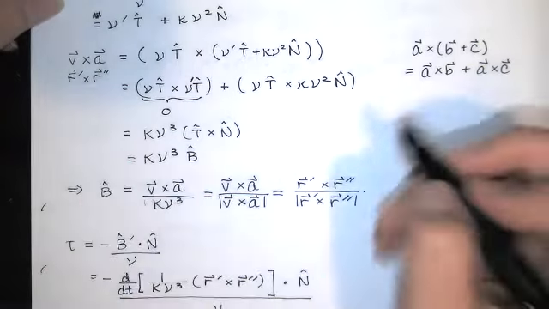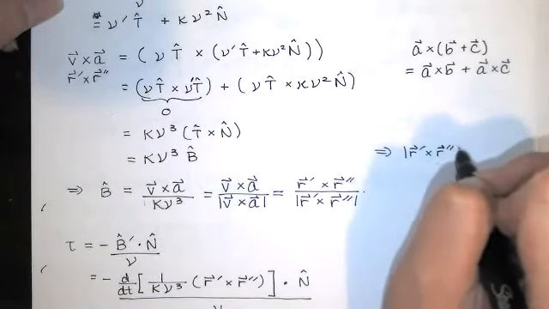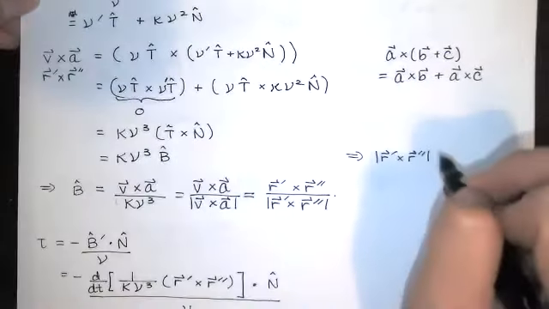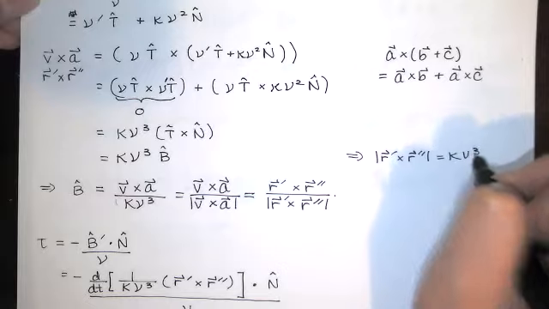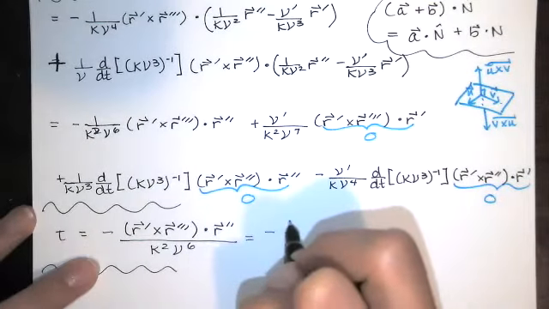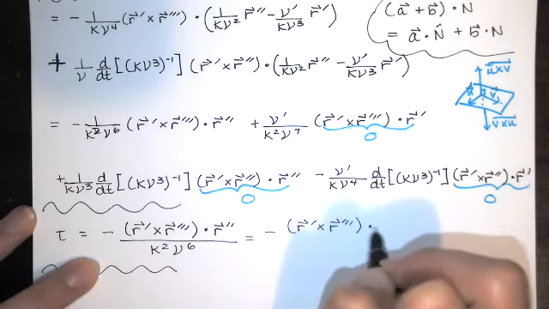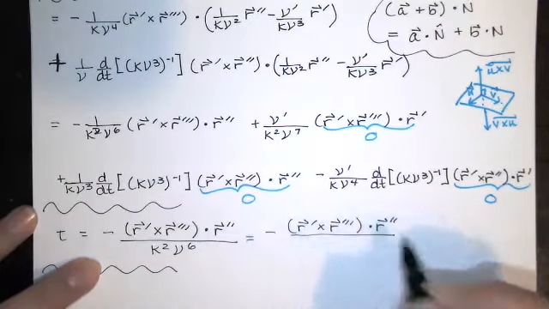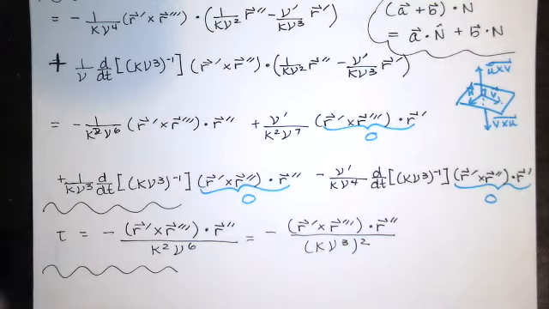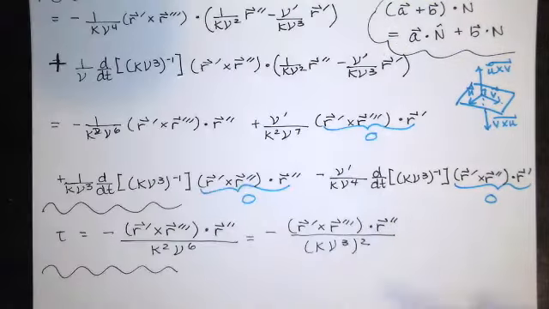So using this fact from earlier, the magnitude of the cross product of r prime and r double prime is just the magnitude of this vector. That's a scalar times a unit vector, so it's just going to be the scalar. Well, don't you see it? It's that in the denominator. So that's kappa times nu cubed, squared, and that is that magnitude squared.